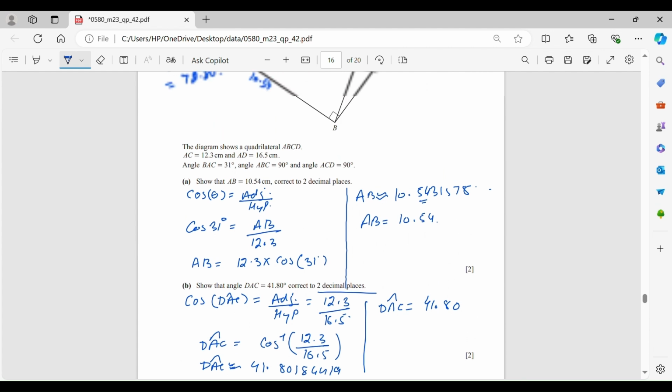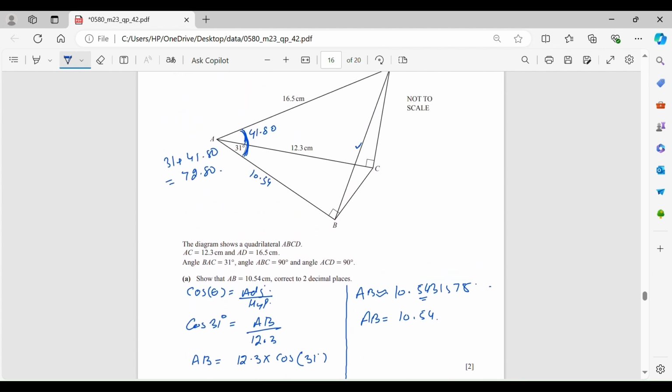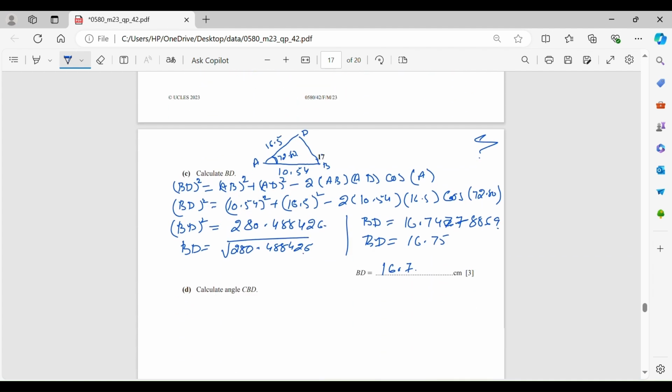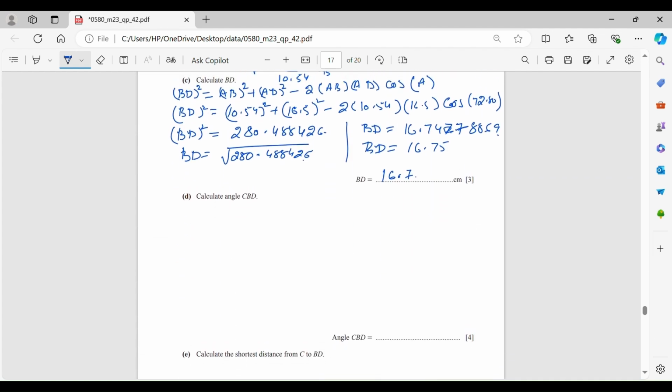So angle CBD. I will make a small figure again here. This is A. This is 90 degree.